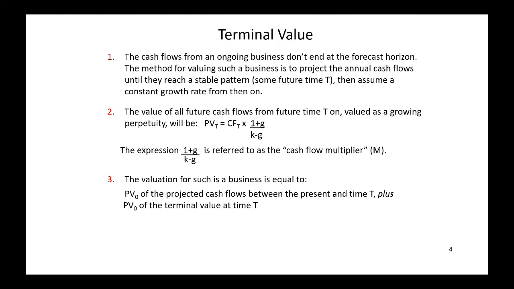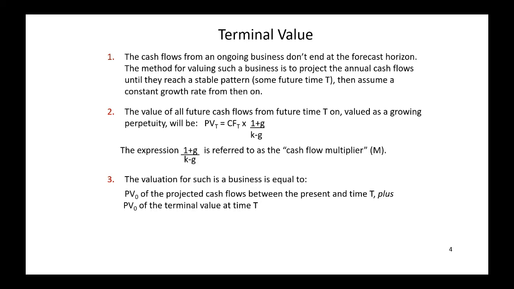First, the cash flows from an ongoing project or business don't end at the end of a 5 or 7 year annual forecast horizon. The standard method for valuing such a business is to assume that beyond that horizon, which we refer to as time t, cash flows continue growing at a constant annual rate.